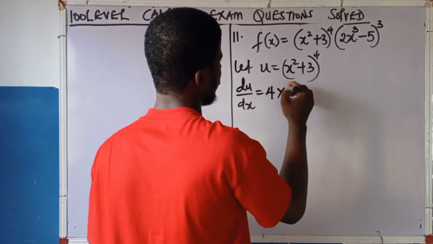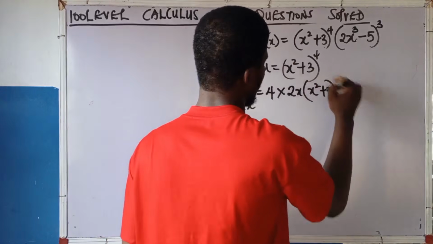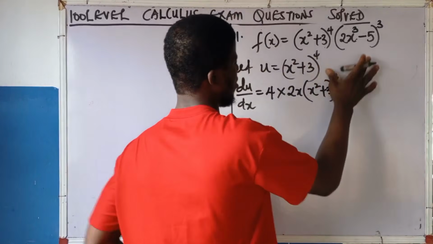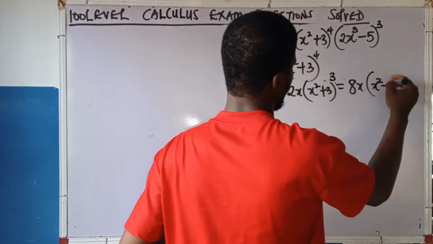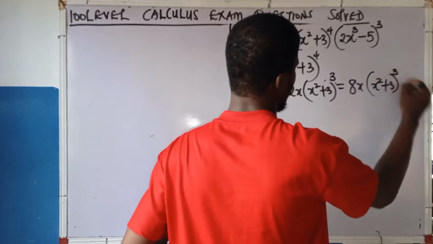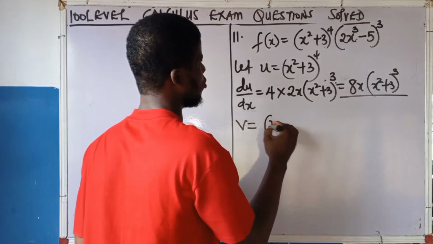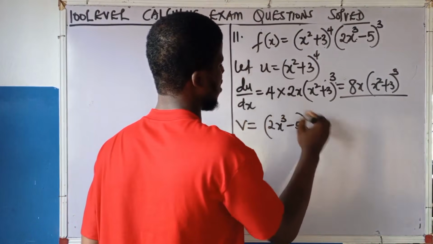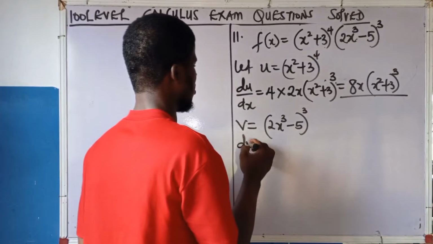Differentiate this inner function, you're going to get 2x. Write the function again, x squared plus 3. Subtract 1 from the 4, that will be 3. So we are having 8x into x squared plus 3 raised to the power 3 as du dx. Then v is the other function, 2x cubed minus 5 raised to the power 3. So what's dv dx? Dv dx is simple.